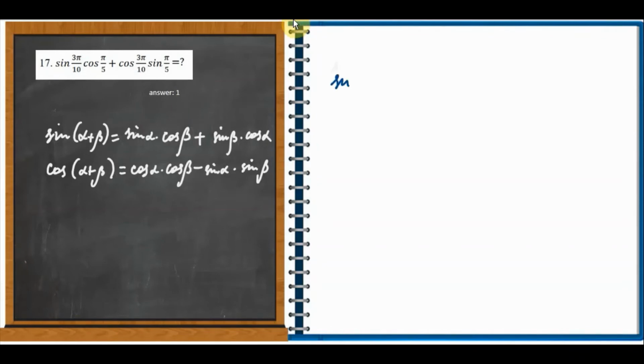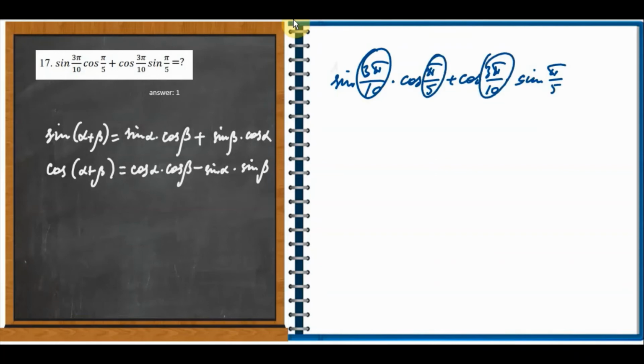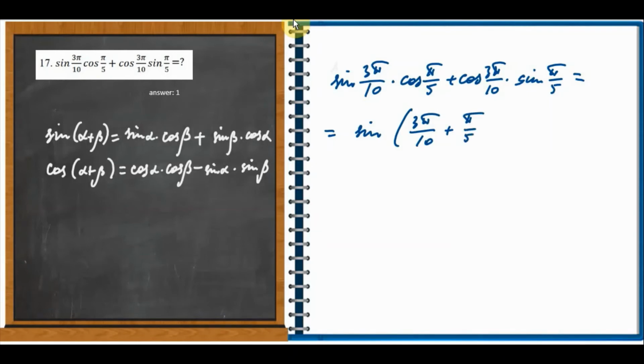Let's rewrite the question. Sine 3 pi over 10 multiplied by cosine pi over 5 plus cosine 3 pi over 10 multiplied by sine pi over 5. Now you see those angles are the same, like alpha and beta. How can we write it? We can write sine of 3 pi over 10 plus pi over 5.